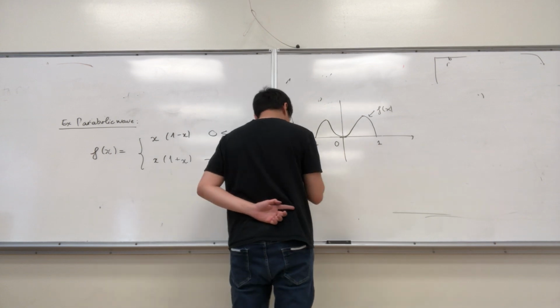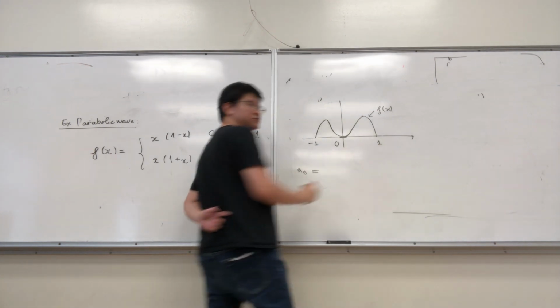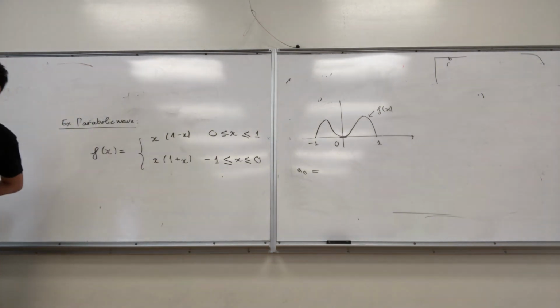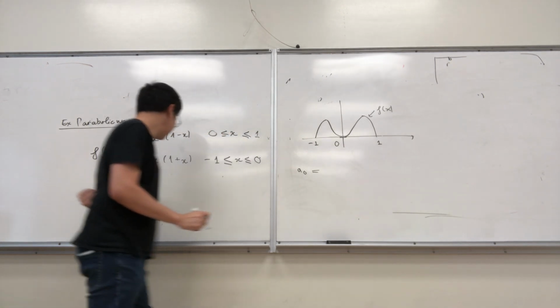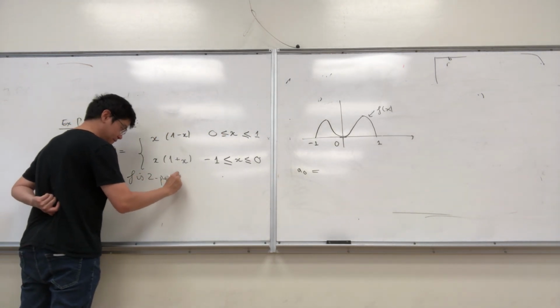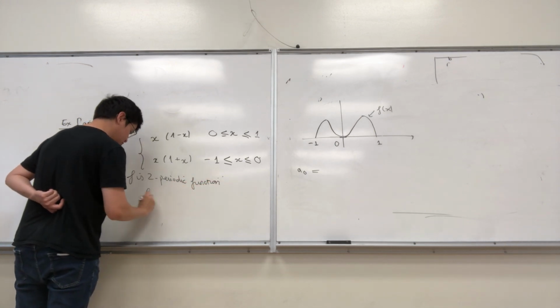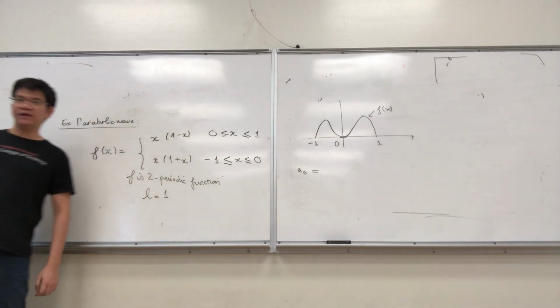So we're going to have A0. Question: what is L in this case? 1, right? So in this case, L is going to be 1 because f is a 2-periodic function.